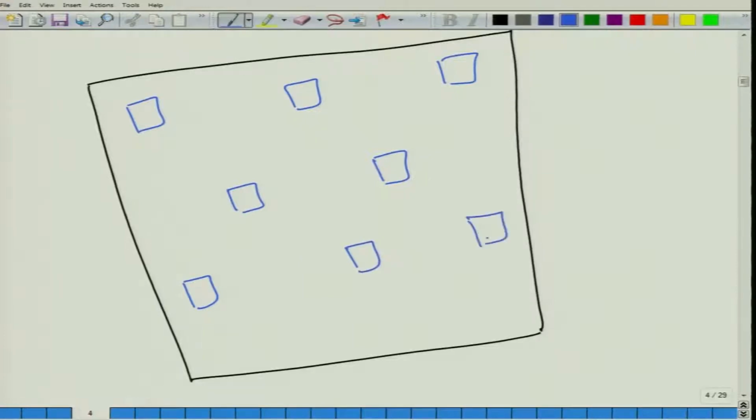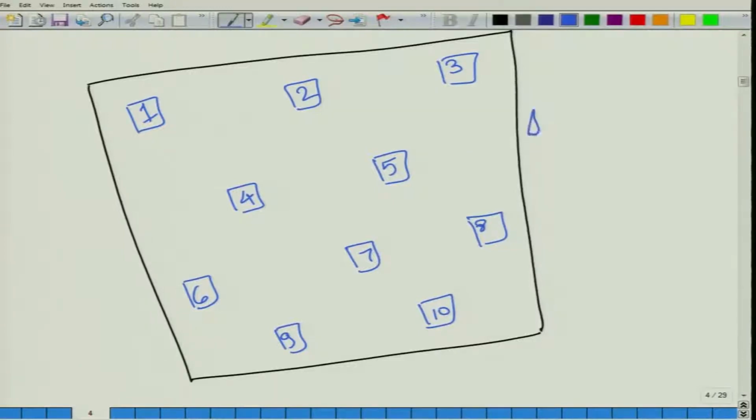We are talking about fixed area sample plots. At these locations we have taken our sample plots, 1, 2, 3, 4, 5, 6, 7, 8, 9, 10. So, we have taken 10 sample plots of fixed area in this total forest stand.